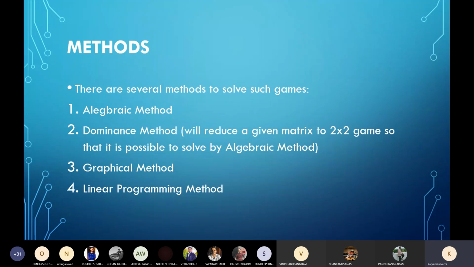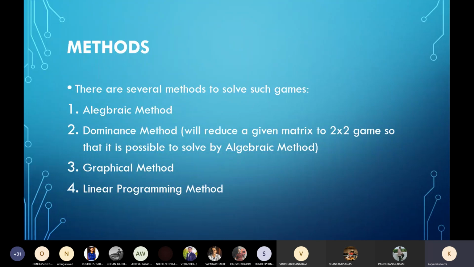Out of that, dominance method we will use to convert any order matrix, किती काही order असू दे, m by n order matrix will be converted to 2 by 2 matrix. त्याचा use basically तोच आहे dominance principle किंवा dominance method चा.